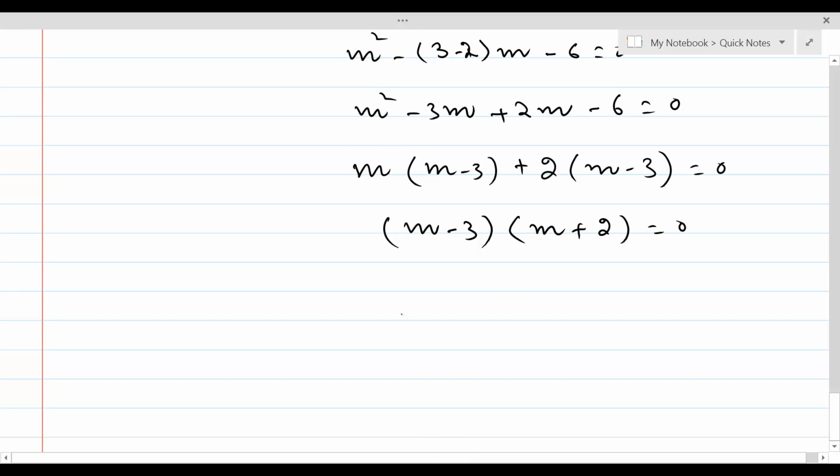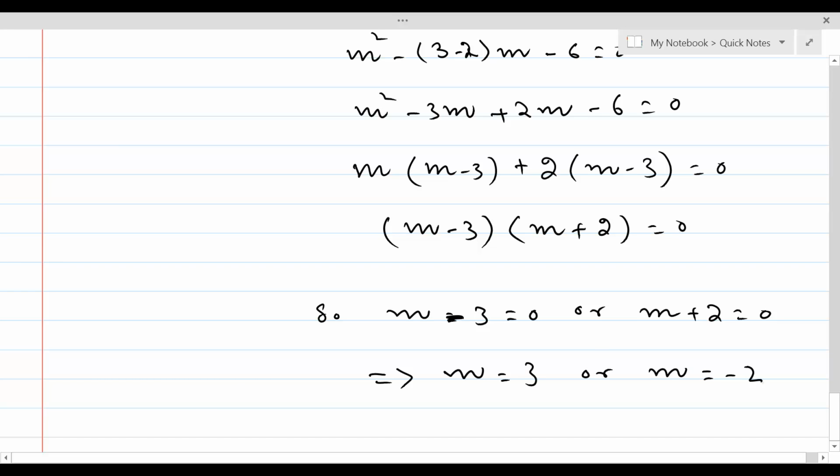Therefore, m minus 3 is equal to 0, or m plus 2 equal to 0. So m is equal to 3, or m is equal to minus 2. These are the two values of m which will give us two equal roots for the given equation.